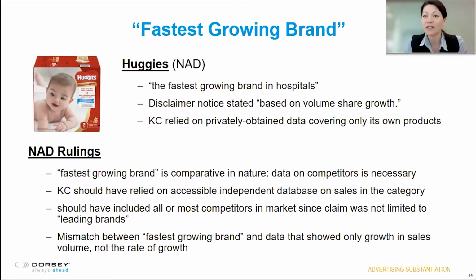So is it leading in sales, leading in units sold, leading in the US, maybe some sort of geography limitation. But if you're going to have it be as broad as leading in the industry, it needs to have substantiation that shows that you are in fact, as it relates to all competitors, the leading company.